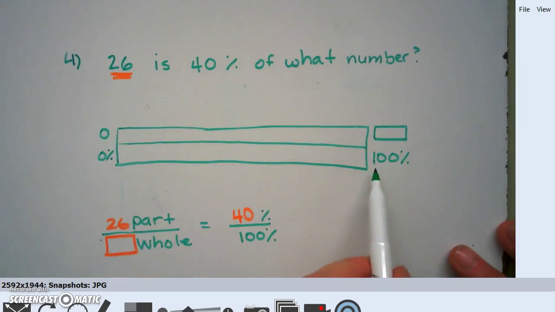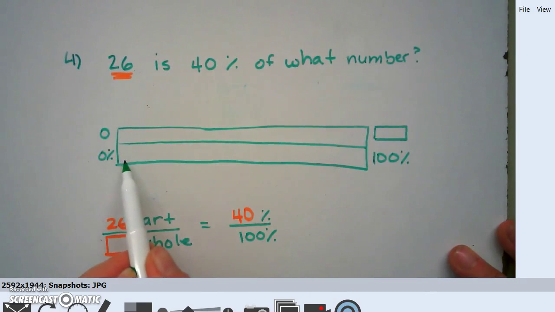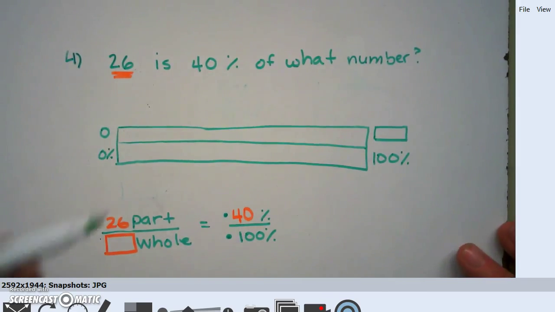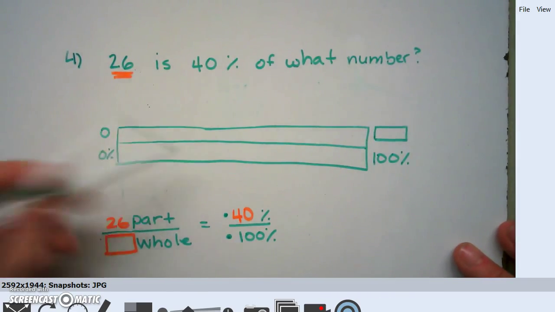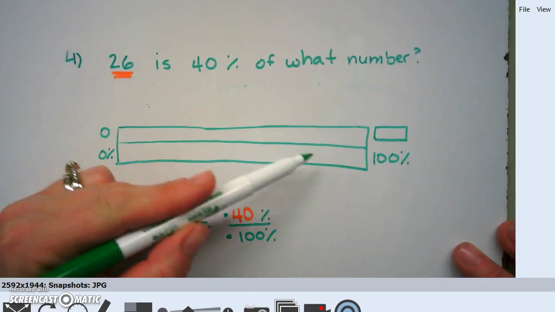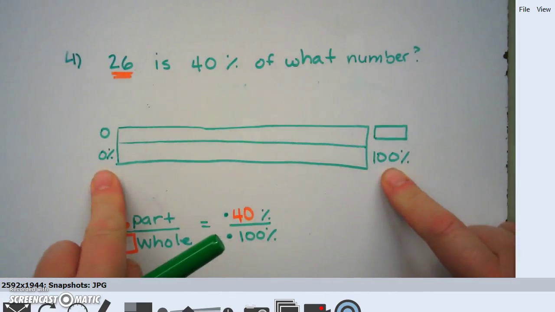Now we want to divide up these bars into pieces that are sized so that I can land exactly on 40% and exactly on 100%. I know most of you are going to recognize that I could divide this up so that each piece is worth 20% out of my 100.